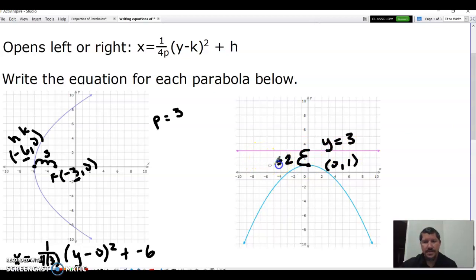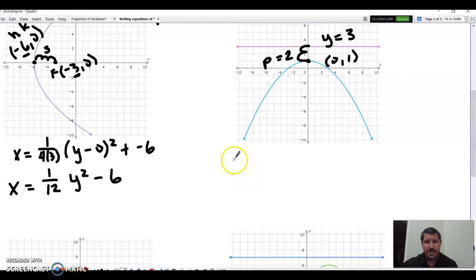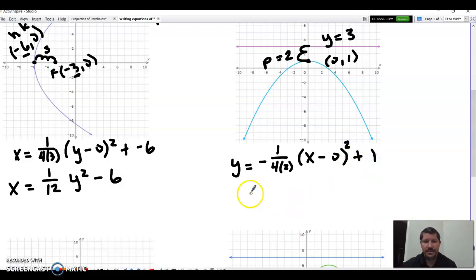So again, that is p, right? So it's y equals negative, because it's opening up down, 1 over 4 times 2 times x minus 0 plus 1. Don't forget your square. So this is going to be negative 1 over 8 x squared plus 1.